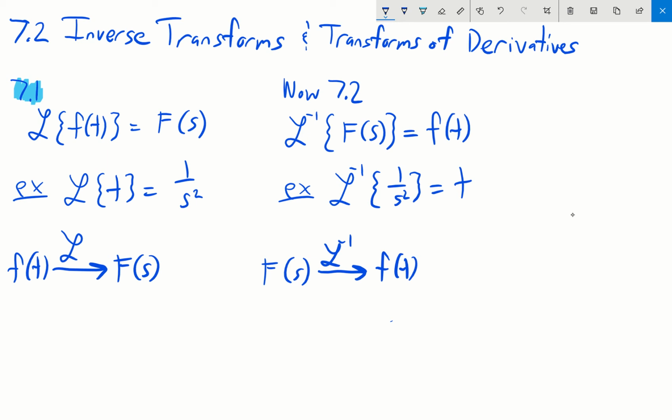So whenever we do an inverse Laplace transform, it's always on a function of s, and what we get back is going to be a function of t, little f of t. As we saw a moment ago, if the Laplace transform of t is equal to 1 over s squared, then the inverse Laplace transform of 1 over s squared would be equal to t. So that's what we're aiming for.